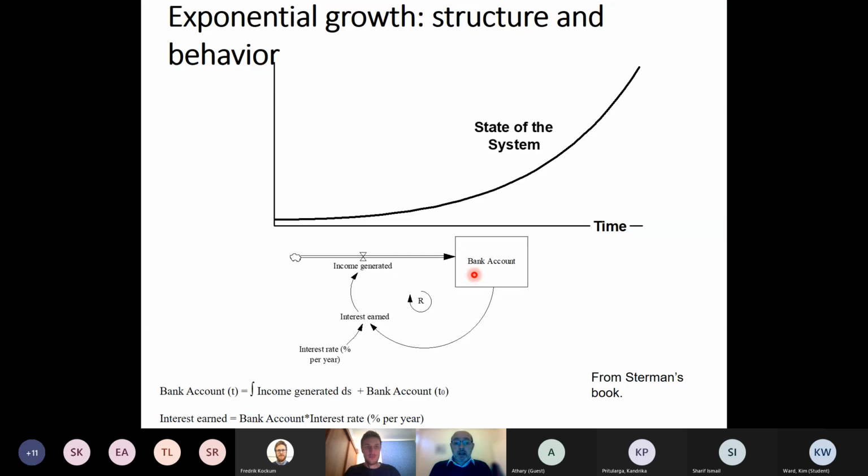So any exponential growth tends to have the same structure, and that's why it tends to be quite flexible, quite simple in terms of model, because that structure tends to repeat over and over. So you will see most of the time two types of structure: exponential growth or balancing processes. And it is basically the stock multiplied by a certain variable, that accumulates through a flow, and you see that repeating over and over.